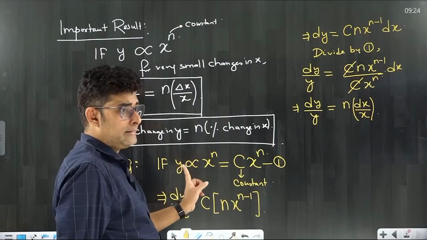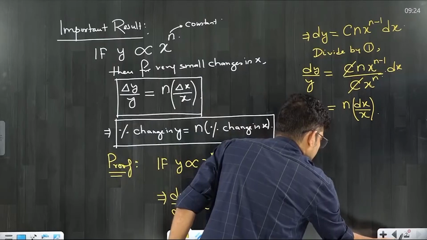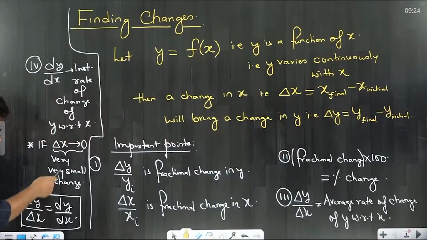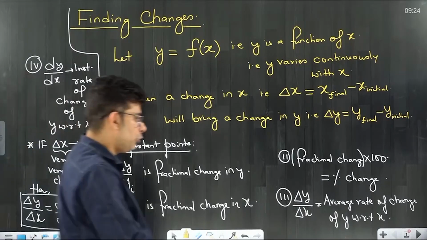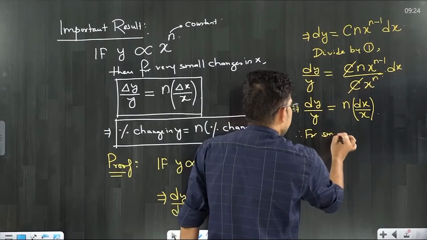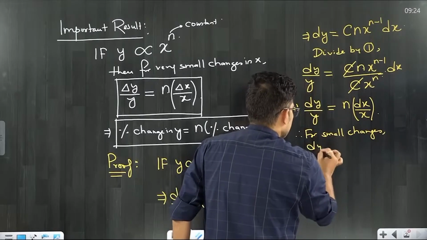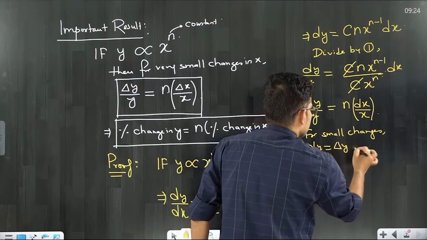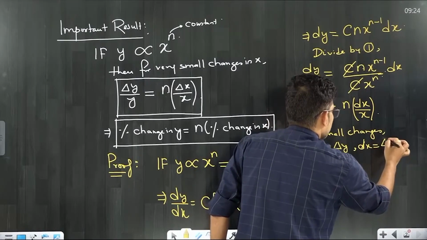Now, in the just previous case, I am taking 1 second to go back to the previous page. I said when the changes are very small, dy can be written as delta y and dx can be written as delta x. So if we come back, for very small changes, dy will be delta y and dx will be delta x.